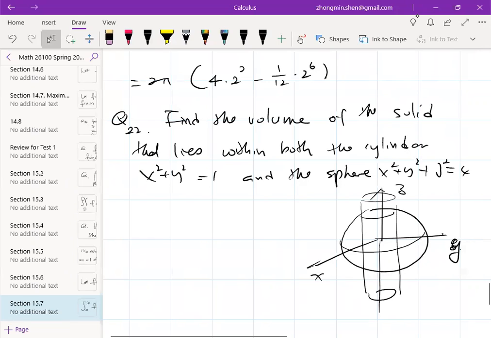What does it say, lies within? That's weird. I think I should say between this cylinder and the sphere. Within the cylinder means it must be inside the cylinder, so I think it's between those two surfaces. So this is the region we're talking about.